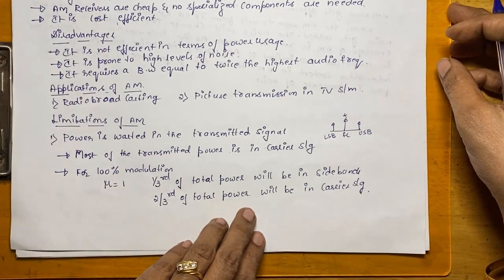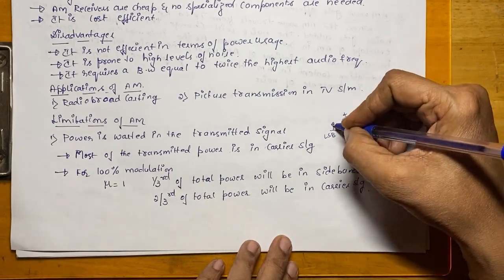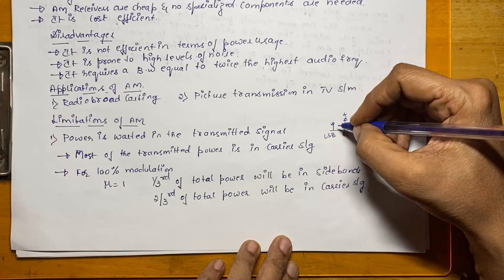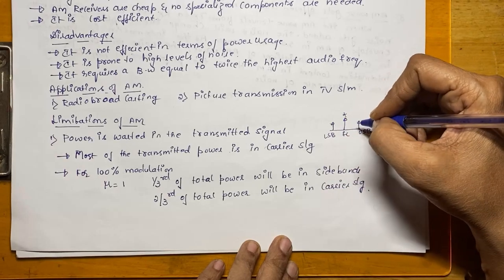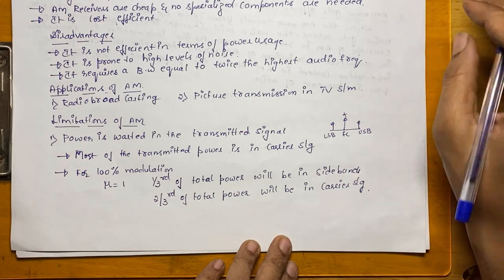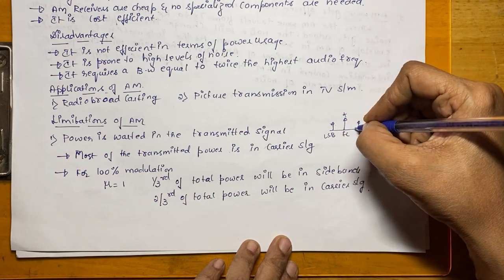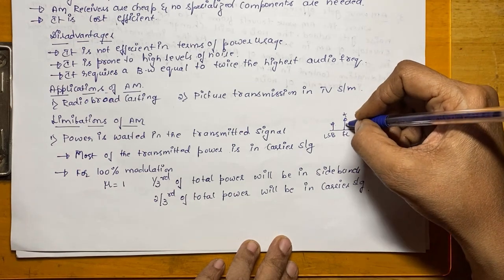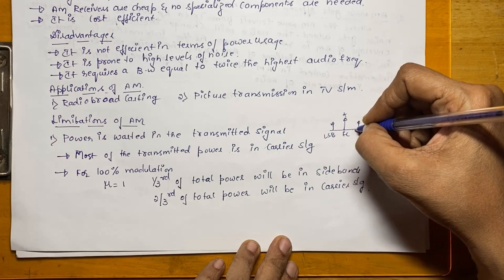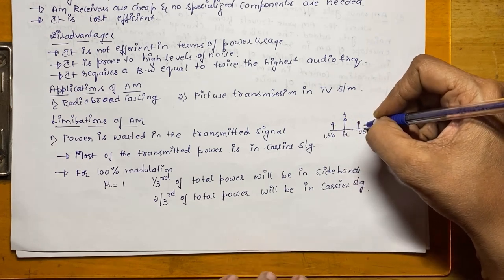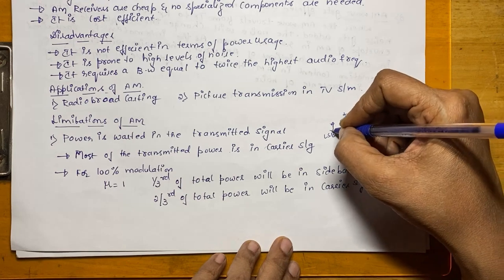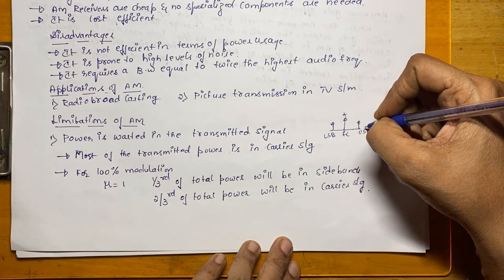The information is present only in these two sidebands, and in these two sidebands the information is identical also. Therefore, a lot of power will be used in transmitting all these signals, that is the carrier signal as well as the sidebands.